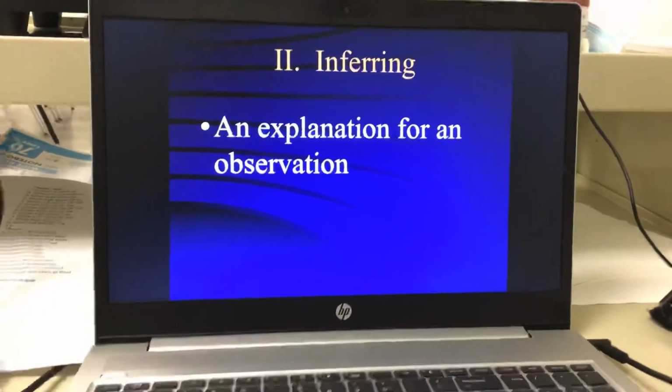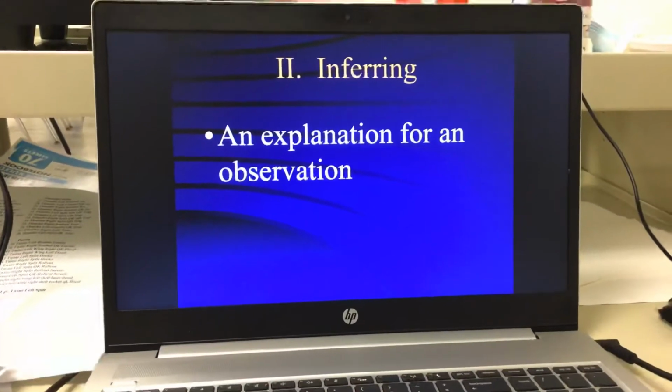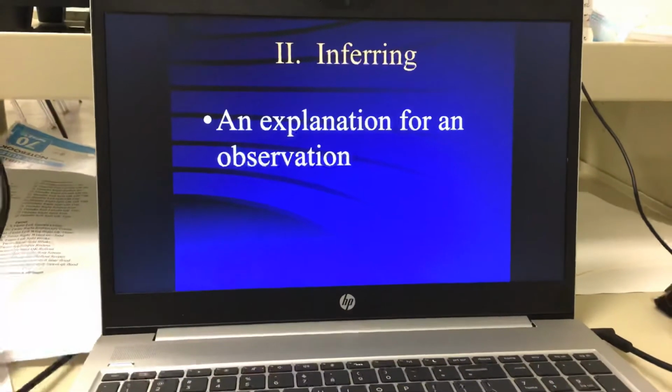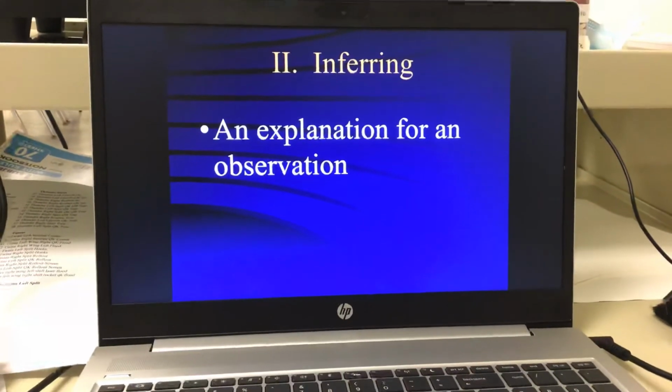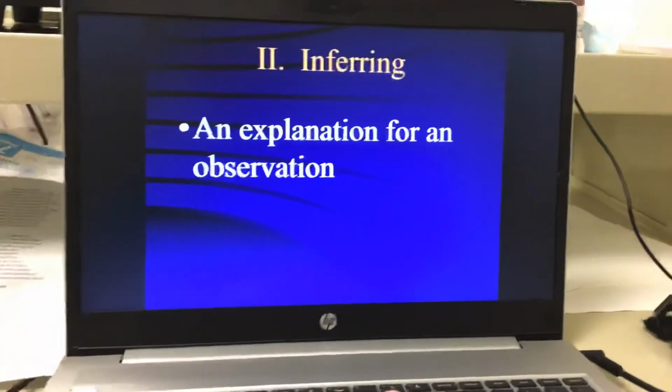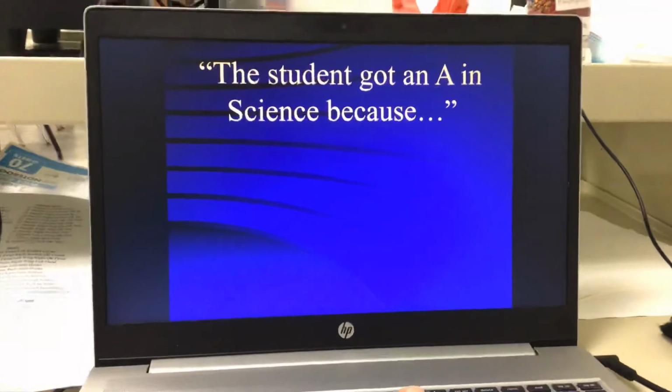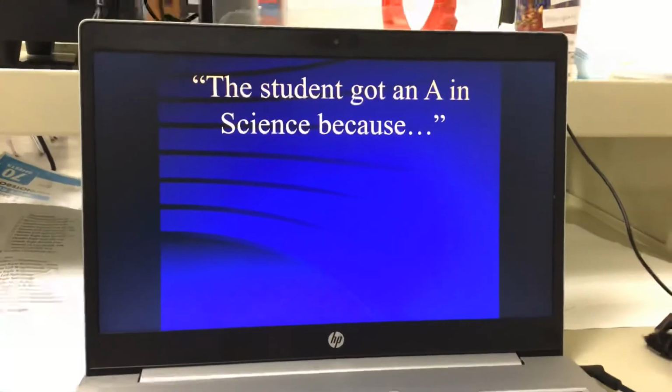Or if you see things with stolen money or whatever, and you have to draw your own inferences. Sometimes you get surprised at the end of the movie that you're wrong, but drawing an inference. The student got an A in science, I'd say because they studied.